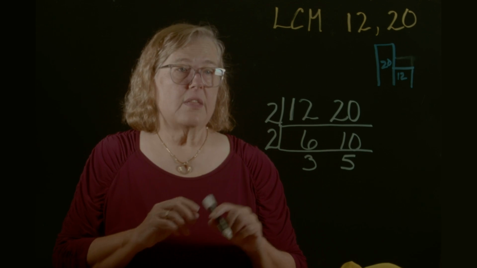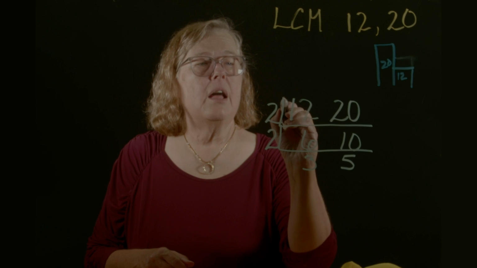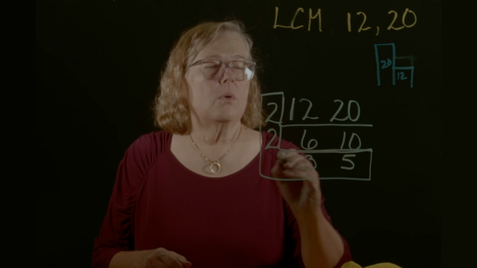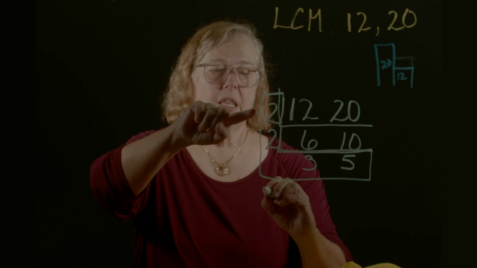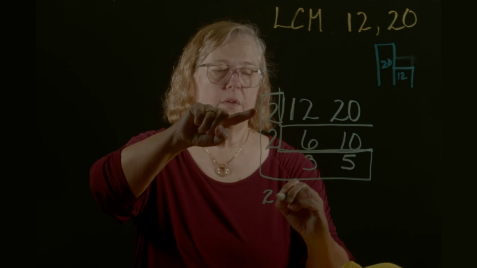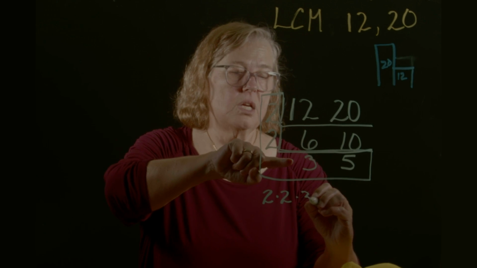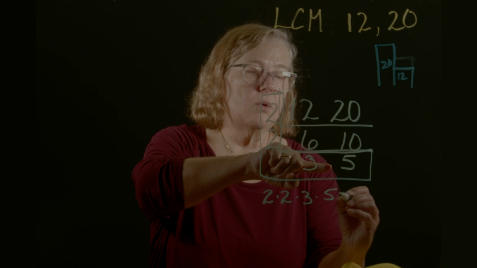So now we're going to find the least common multiple. So we're going to make our little L, right? Here's our L. We're going to multiply everything in the L. We're going to say 2 times 2 times 3 times 5 equals.